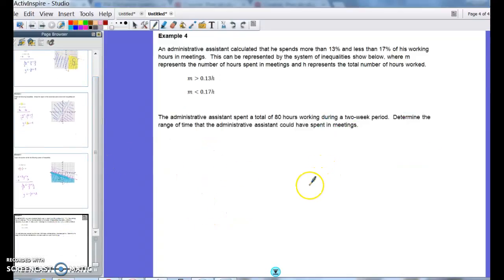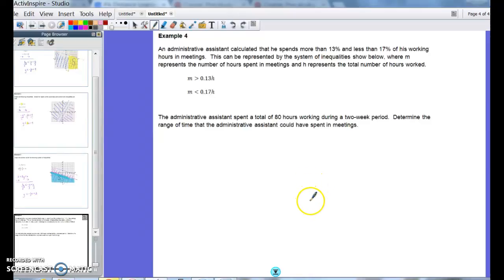Okay, one last problem. This one isn't graphing, but this one is a word problem. And it says an administrative assistant calculated that he spends more than 13% and less than 17% of his working hours in meetings. This can be represented by the system of inequalities shown below, where M represents the number of hours spent in meetings and H represents the total number of hours worked.